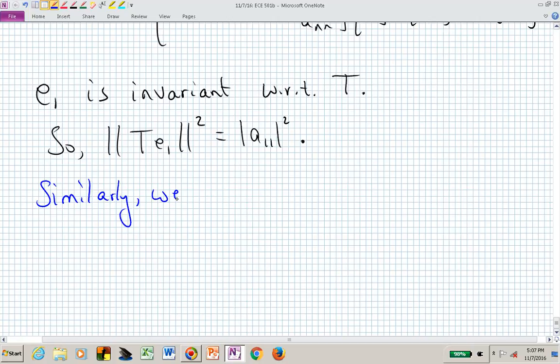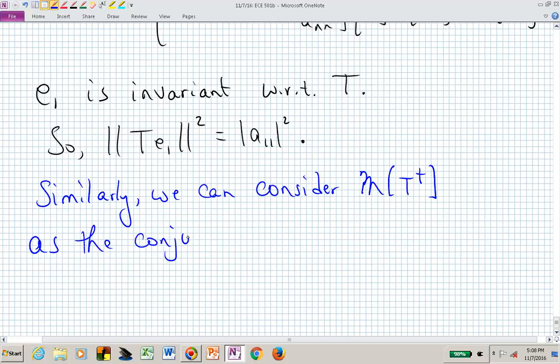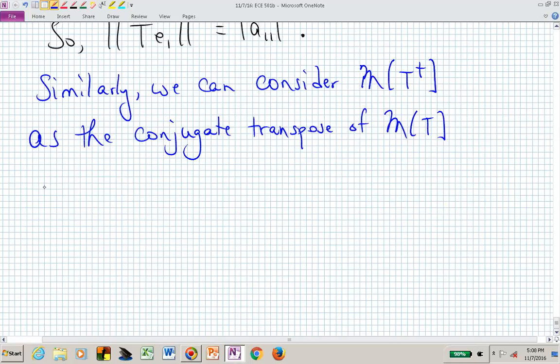But if we now look at the matrix representation of the adjoint of T, we know that's the complex conjugate transpose of the matrix representation of T. So similarly, we can consider the matrix representation of T dagger as the conjugate transpose of the matrix representation of T. And what would that be?